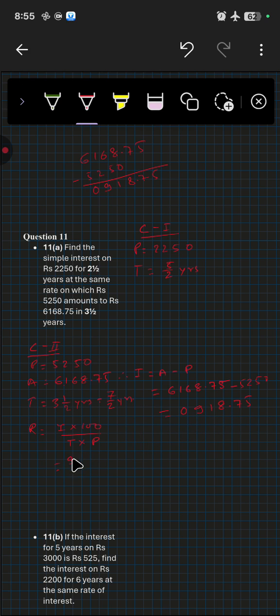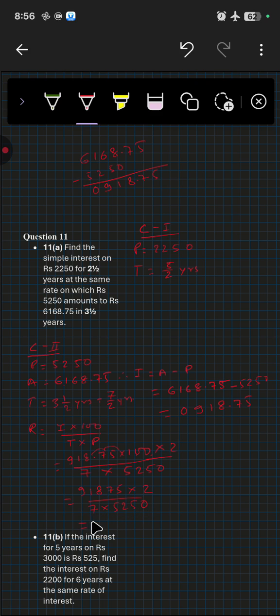This is the interest. So 918.75 multiplied by 100 whole upon time, which is 7 by 2. That 2 will go and multiply on the top. And the principal is 5250. After multiplying by 100 it will become 91875, so these two zeros will remove the decimal, into 2 by 7 into 5250.